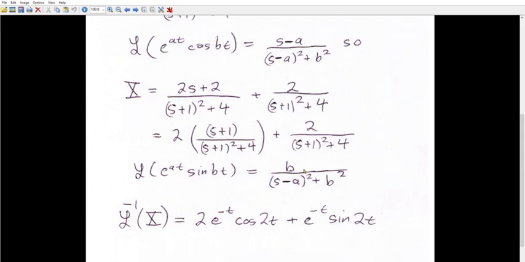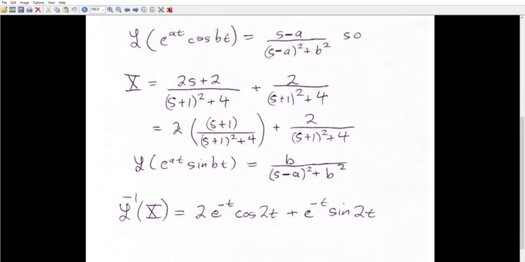So when we back transform, this thing becomes 2e^(at) cos(bt), and here a is −1, so it's 2e^(−t), b is 2, cos(2t). And then the sine term gives us an e^(−t) sin(2t).